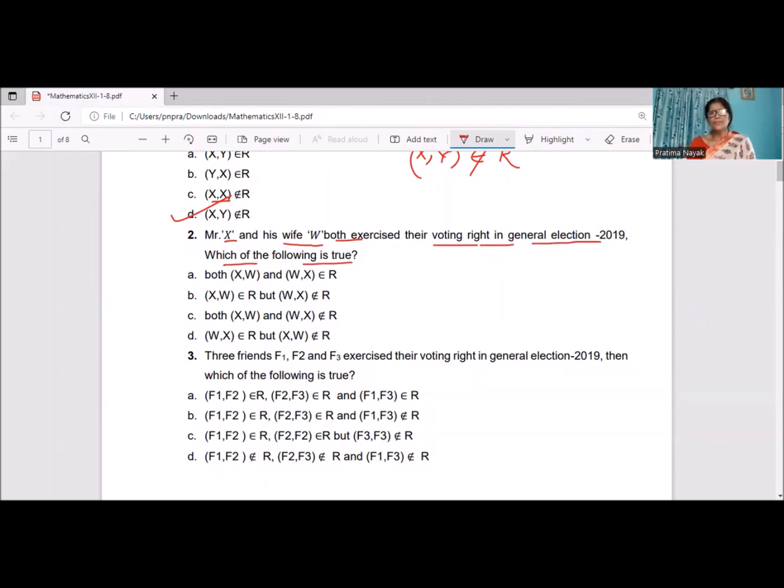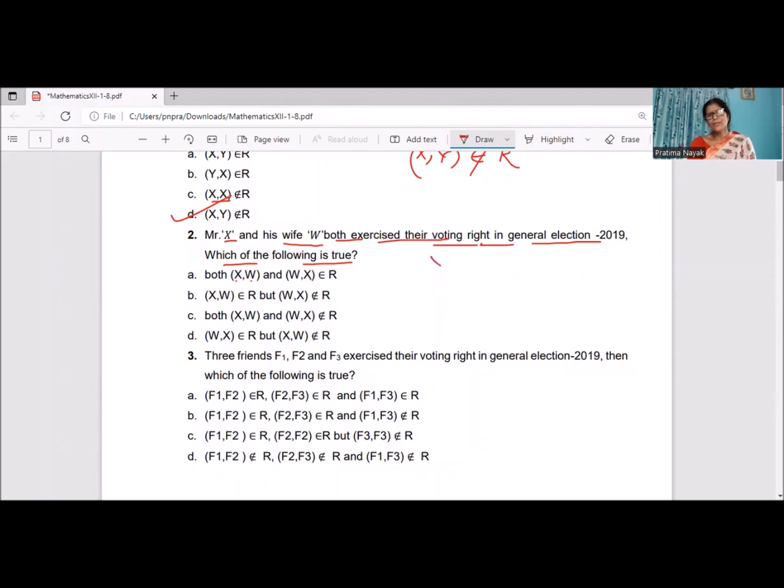There are again 4 options. Both (husband, wife) and (wife, husband) belong to R. (Husband, wife) belongs to R, but (wife, husband) does not belong to R. Both (husband, wife) and (wife, husband) do not belong to R. (Wife, husband) belongs to R, but (husband, wife) does not belong to R. So it is simple because both have exercised their voting right.